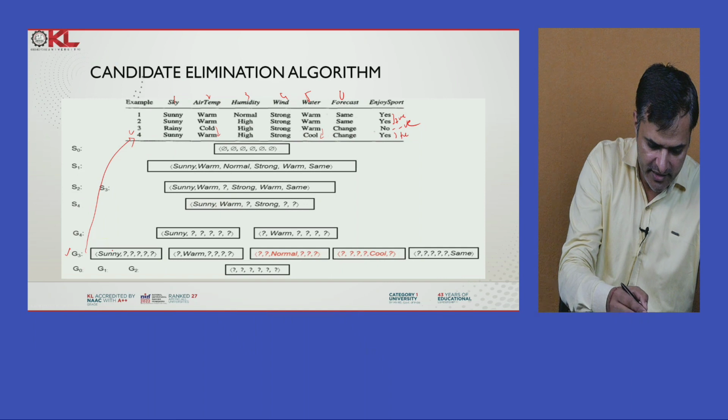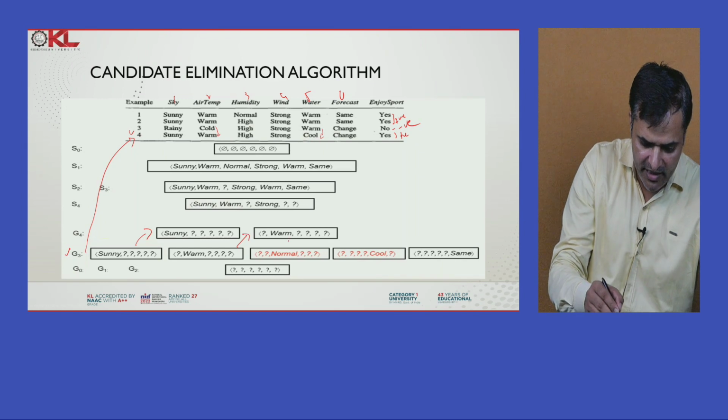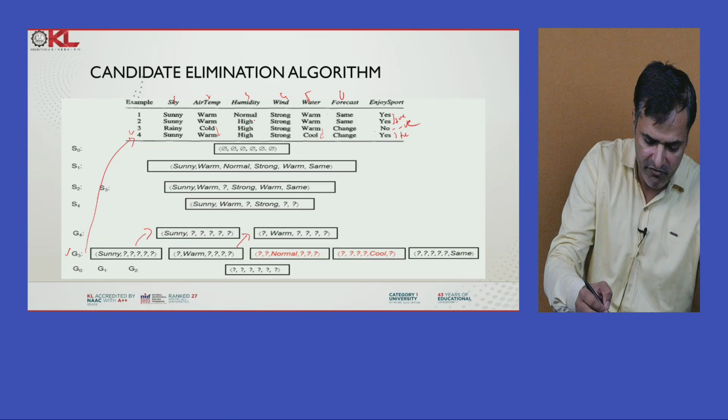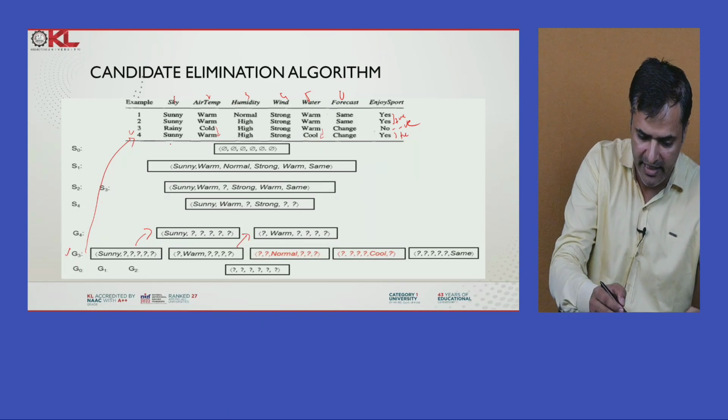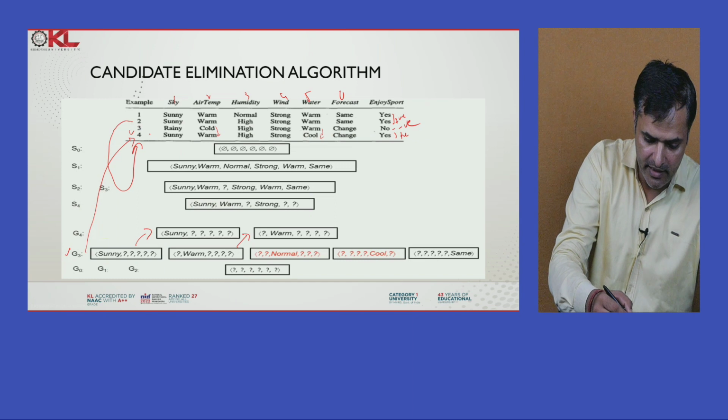Sunny is there, so we take Sunny here. Warm is there, the question mark, Warm is there, so we take it here. For the rest of the things, we have to change this one. We change the previous one, then eliminate the rest and take the second. For the fourth one, the hypothesis will match with this one. Then same, Sunny is there, Warm is there, again High.